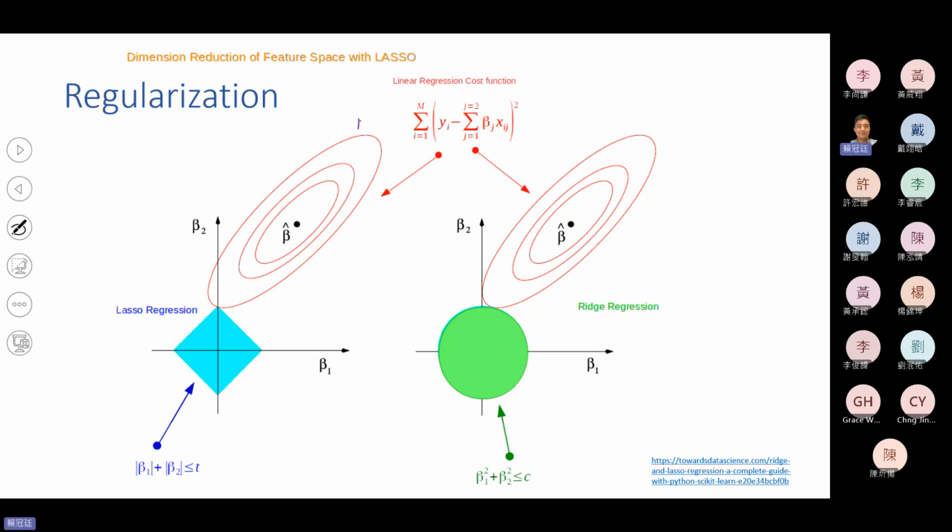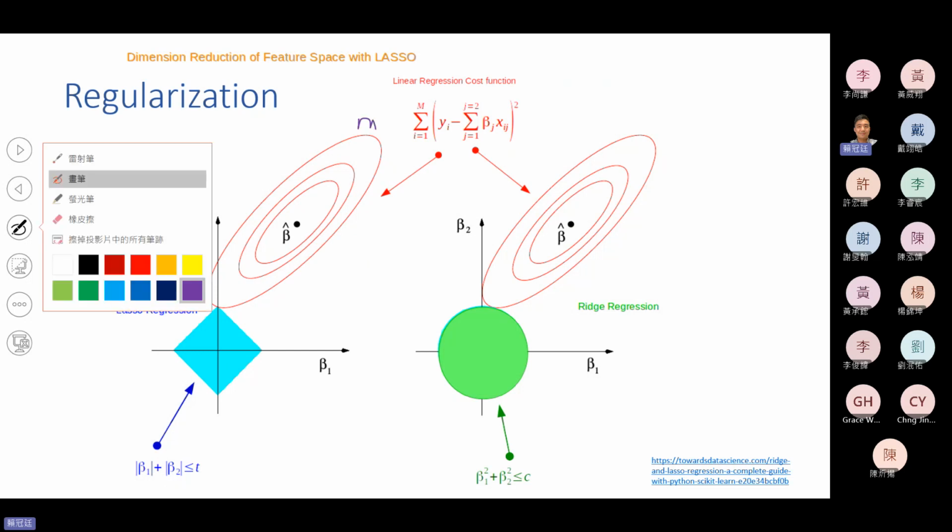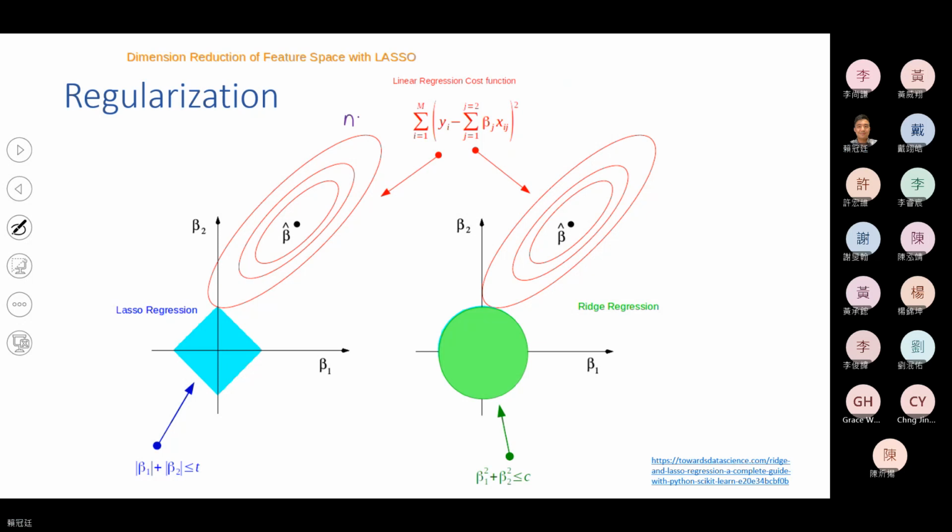Okay, so our goal is to minimize. Remember, the dot means this is a verb. Minimize the least square error, but regularization will add an additional requirement, additional terms in the objective function, which will want to reduce the L1 norm or L2 norm of the weights.